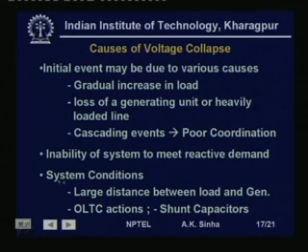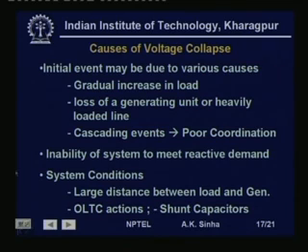As we have seen, system conditions, that is, large distance between load and generation, can create this because of larger drops in heavily loaded transmission lines. OLTC actions, as we have seen, that is, on load tap changing transformers, can create or aggravate the situation further.